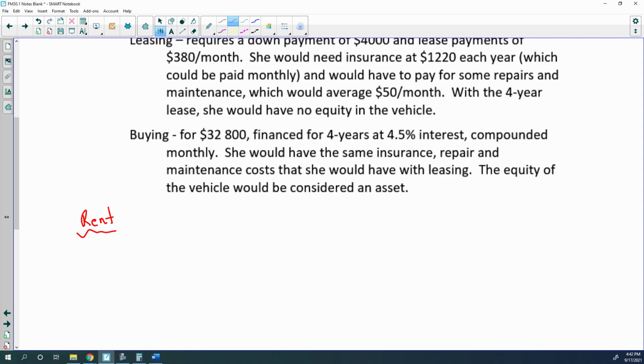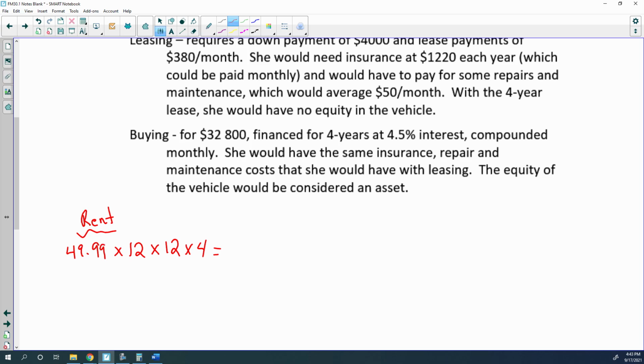So for her renting, it's $49.99 per day. And she does 12 days per month, so multiply by 12, and then there's 12 months in a year. And she's going to do that for 4 years.